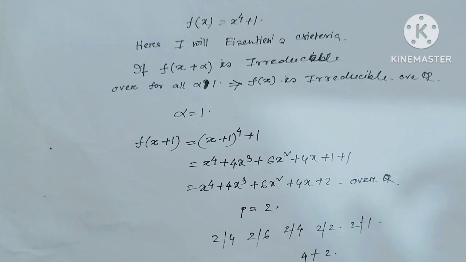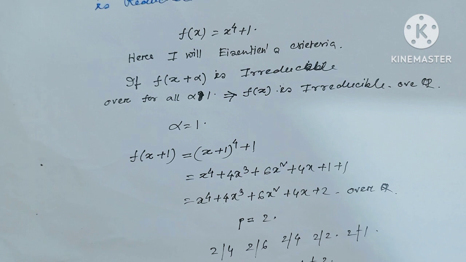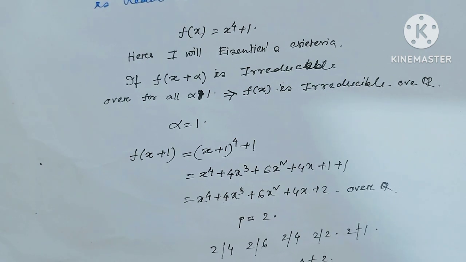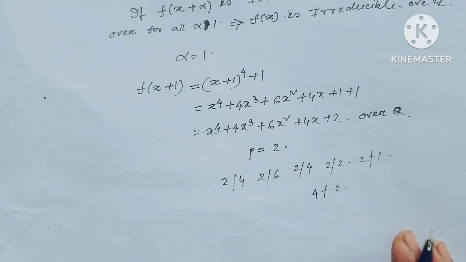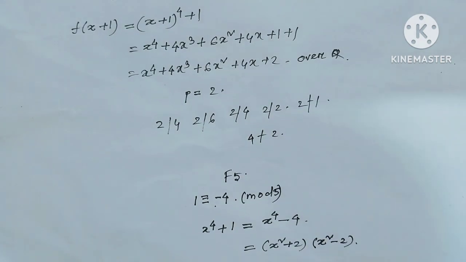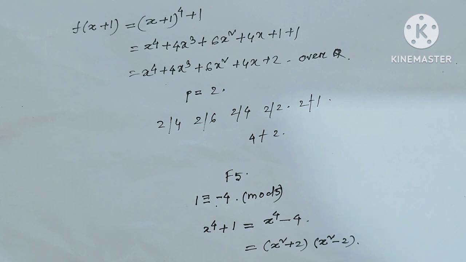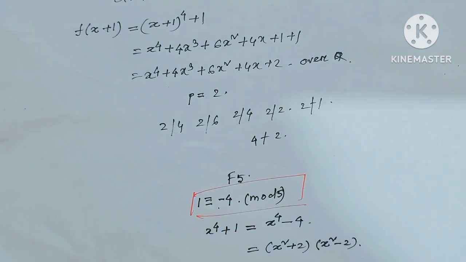But f(x) equal to x to the power 4 plus 1, this is reducible in Z_p. Why is this reducible in Z_p? For this, if we consider, for example, F_5, then in F_5 we can write 1 is congruent to minus 4 modulo 5.